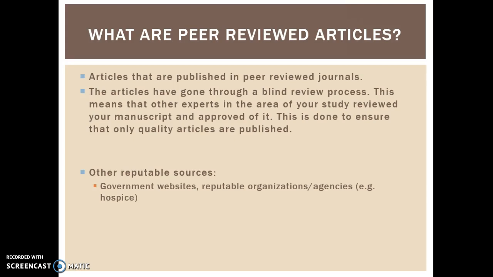So for instance, I'm currently in the process of getting an article published in the Journal of Black Studies, and the article that I'm publishing has to do with the use of team-based learning and whether or not team-based learning is effective for Black students who are attending predominantly white universities. And so I submitted my article to the Journal of Black Studies.